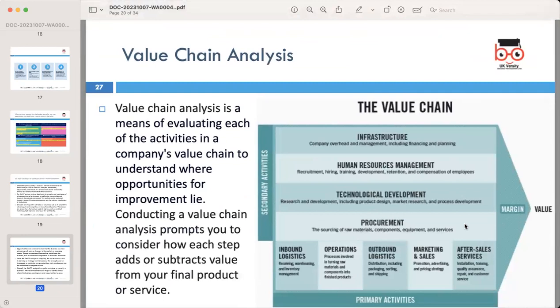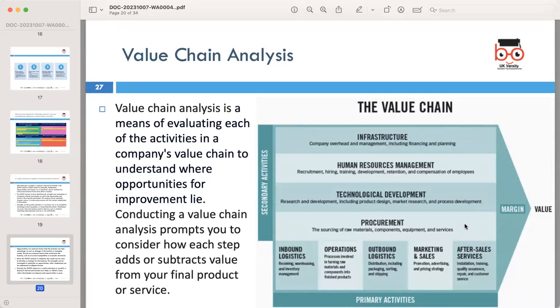Value chain analysis. Any comments about value chain analysis, if anyone is there? Value chain analysis is a valuable tool for evaluating a business's activities and where opportunities for improvement lie.